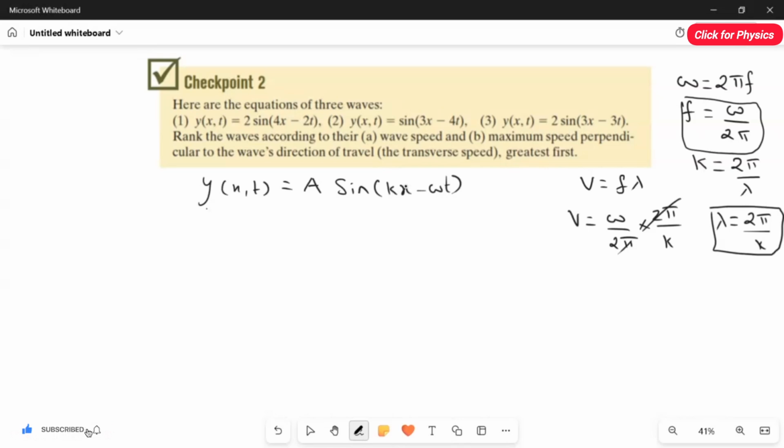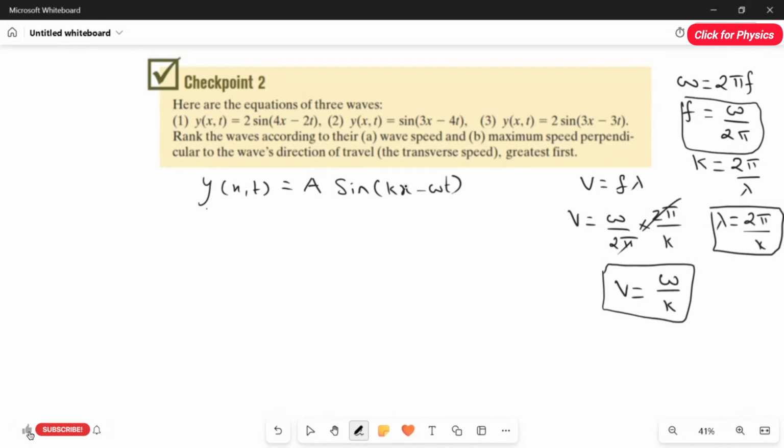So 2 pi gets cancelled, and we can easily find the wave speed as omega over k. Now I am going to use this equation in the three given wave equations, and by applying the values of omega and k, we can easily find the wave speed.